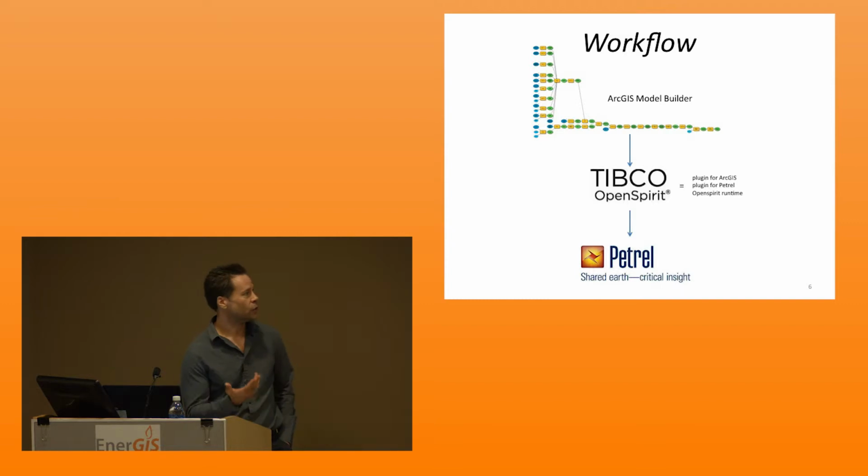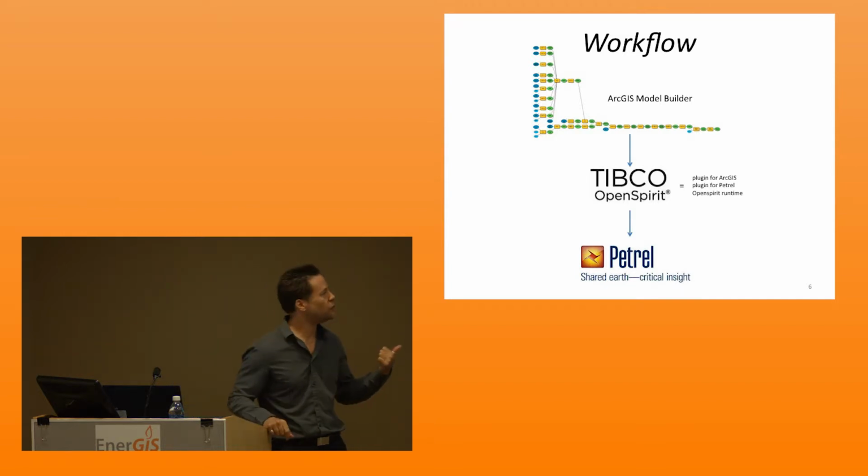So this is it, and it's real simple. Everything starts in ArcGIS. TIBCO, the Openspirit, was the missing key that took care of a lot of the transfer issues that I was having, and that allows me to transfer everything pretty much seamlessly into Petrel.